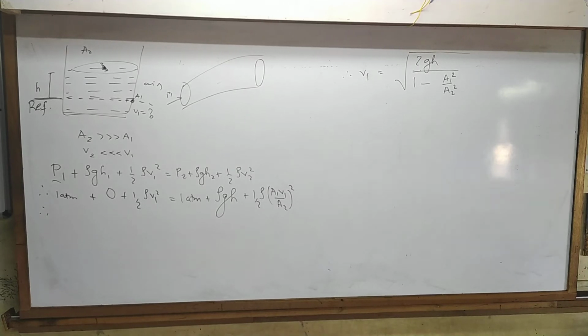If you want to find V1, you should take all terms with V1 on the left side and every other term on the right side. All terms with V1 on the left side and other terms on the right side.